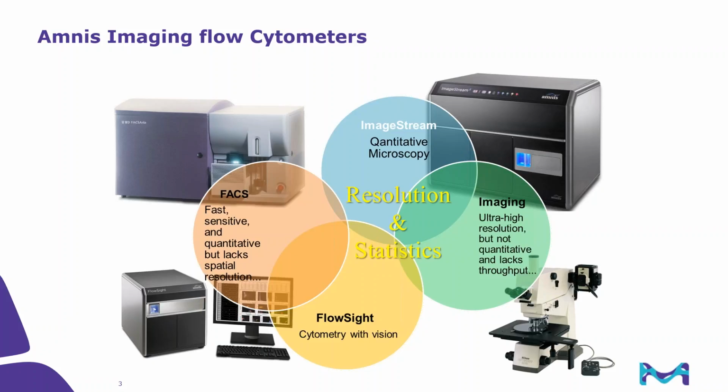You typically are looking at 1 to 10 images, potentially 100 images, so it's not as quantitative as flow cytometry. So the Amnis systems are really in a unique niche between these two technologies, where we have the high throughput of flow cytometry combined with the quantitative and morphological aspects of a microscope.